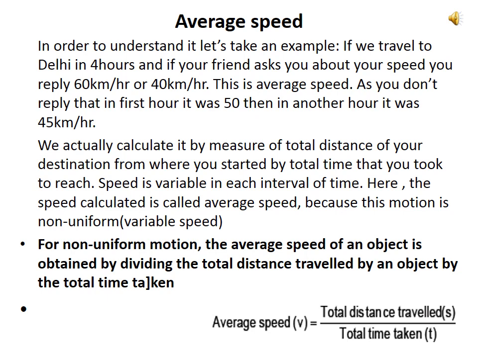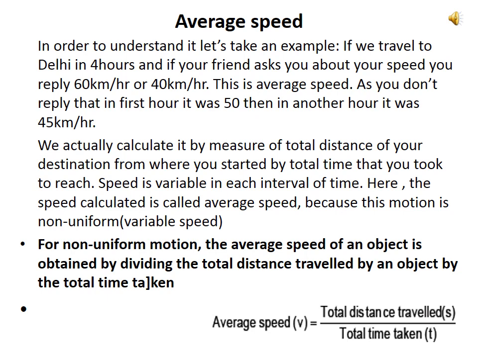So we say that this measured quantity is always variable in equal intervals of time throughout your journey. So we say this motion is non-uniform motion, and the physical quantity measured is the speed, which is the average speed. The speed calculated is the average speed because the motion's speed is always variable.